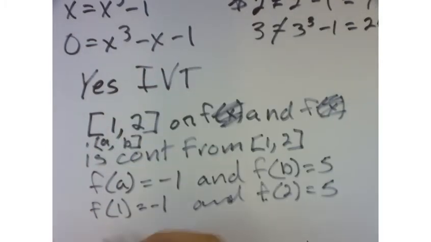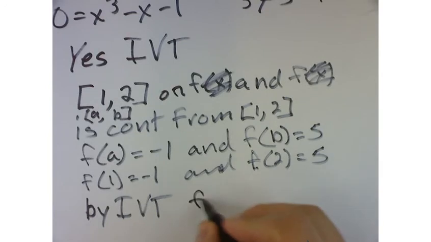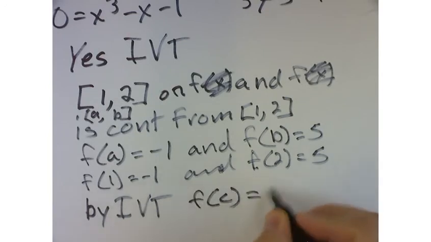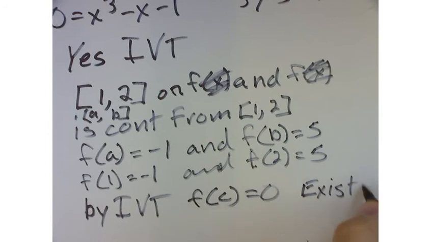So by IVT, because what we're saying according to the IVT is this. We're looking for f of c equals 0 to exist. Cool.